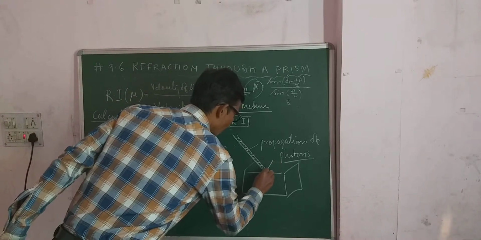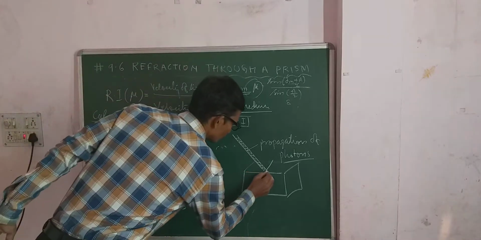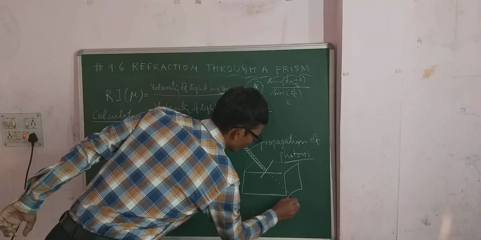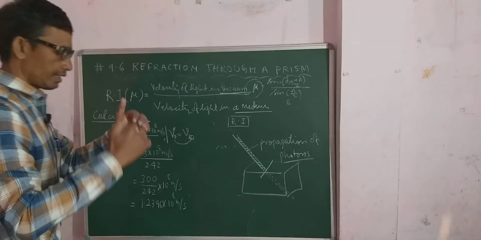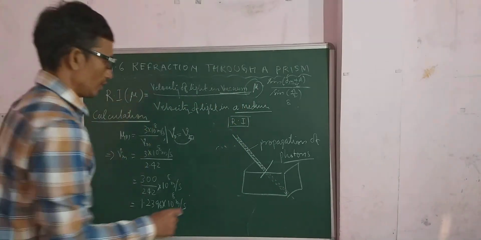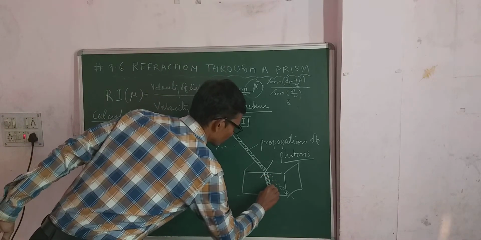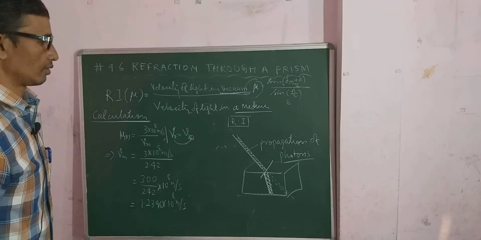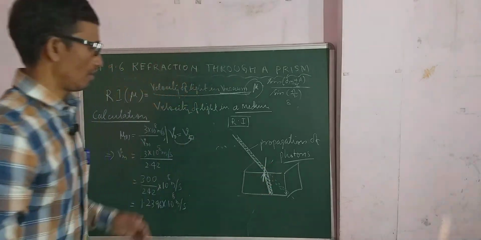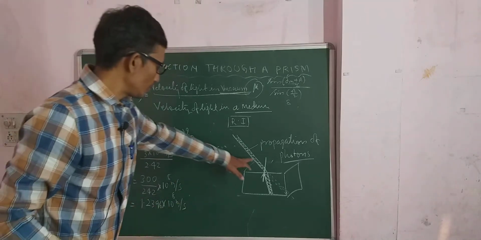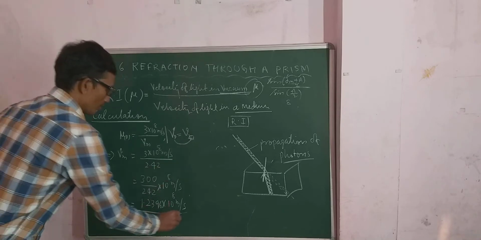When the photon energy strikes, it cannot travel straight through the medium. It bends. This is the normal. It bends toward the normal. Due to this reason it is slower than the vacuum.